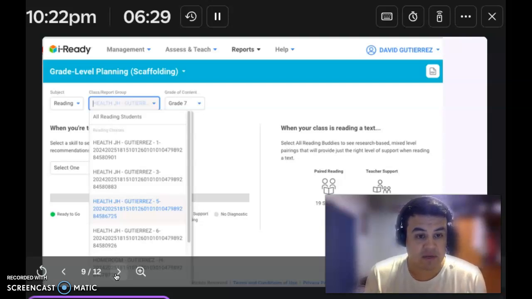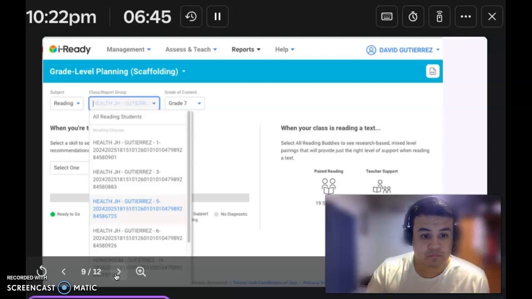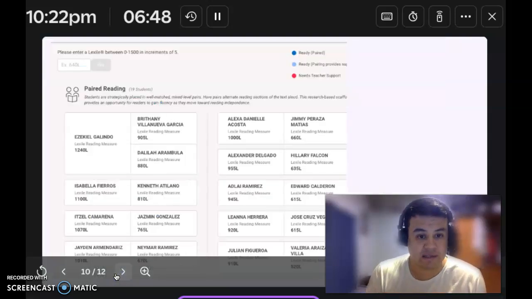iReady collects data. Students did a beginning of the year diagnostic test, in math and in English. So based on their scores, the system has their Lexile reading levels and their math levels. Using this data, I can group students based on their Lexile levels.